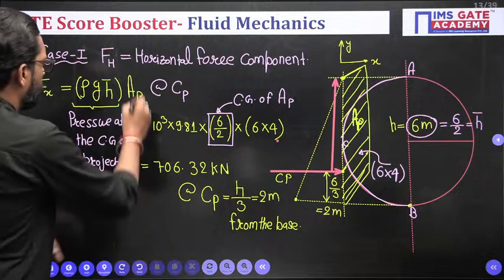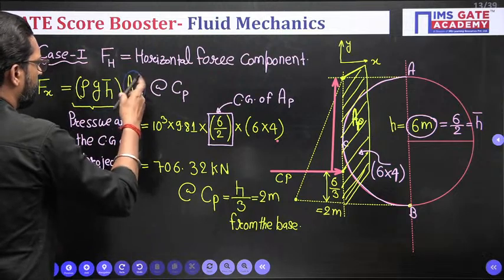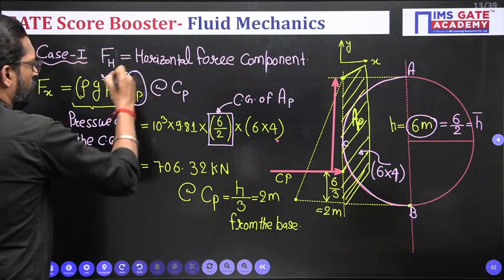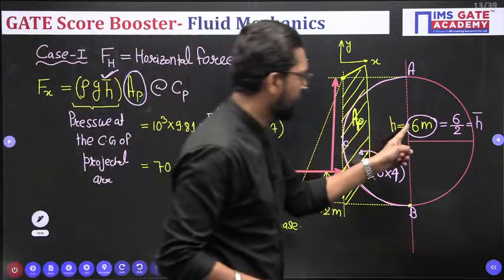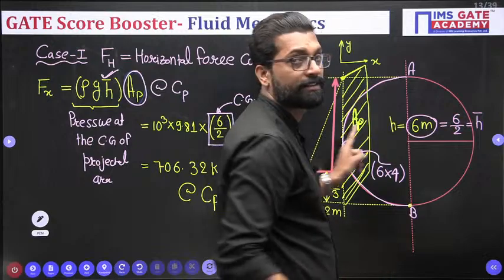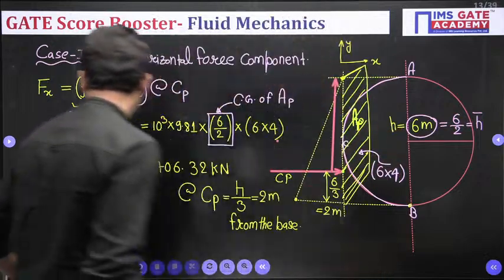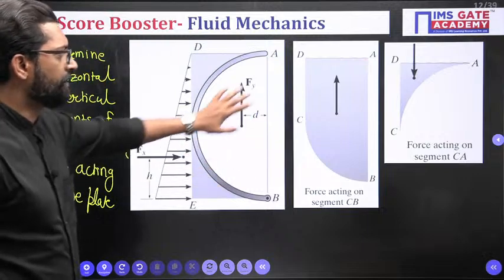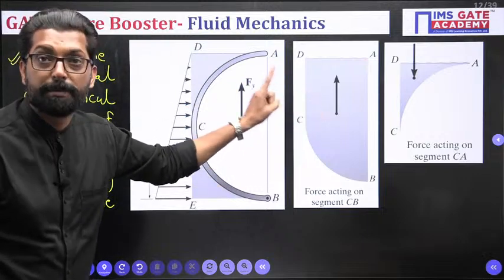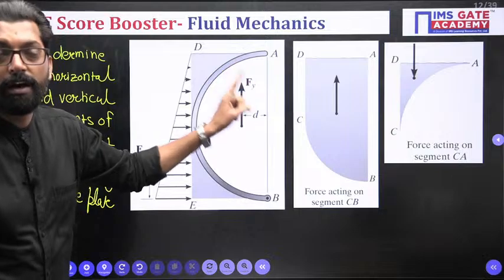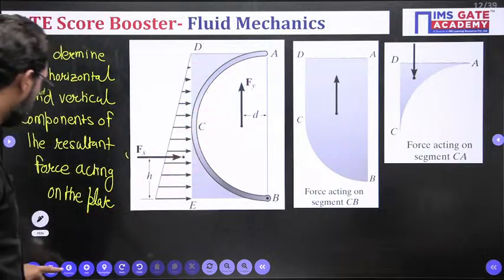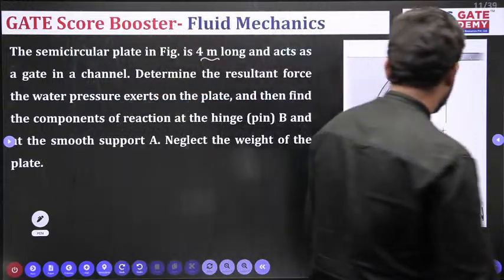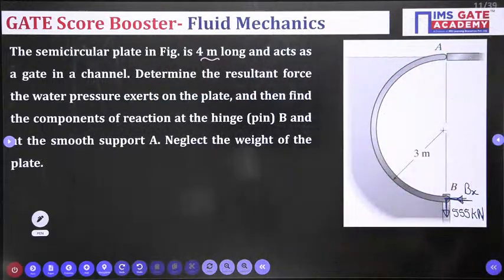If you take the projected area, the CG of that projected area is just half of this rectangle. These are the distributions. Always remember these things, otherwise you will be confused. So this is a very important problem, and I suppose it will be asked in the upcoming GATE question.